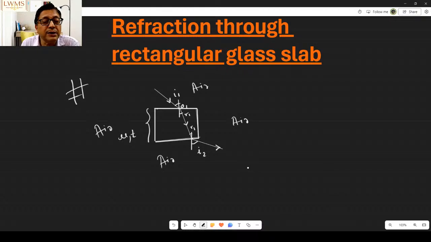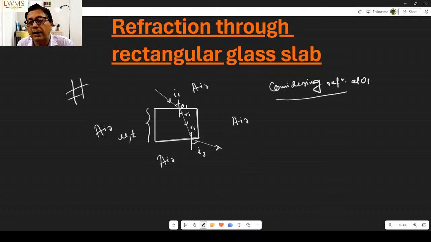So if I consider the absolute refractive index of this medium, glass or any refracting surface, is mu, then considering a refraction at O1, we go by generalized Snell's law.